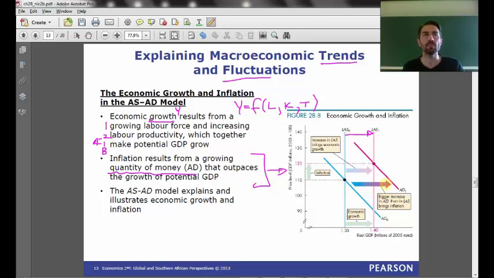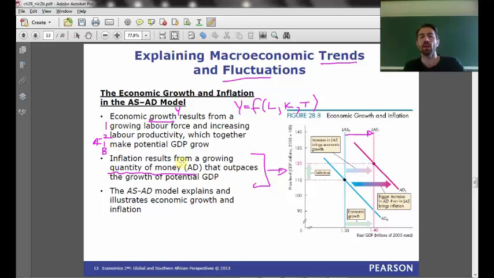Yeah? Increase the supply of money, interest rates go down, investment goes up, AD shifts to the right. Yeah?